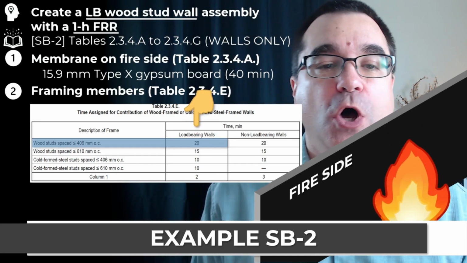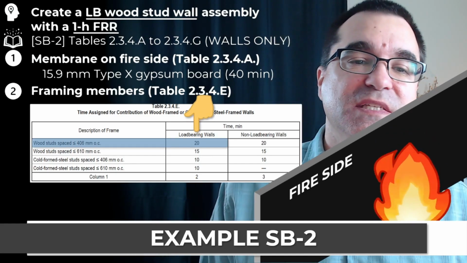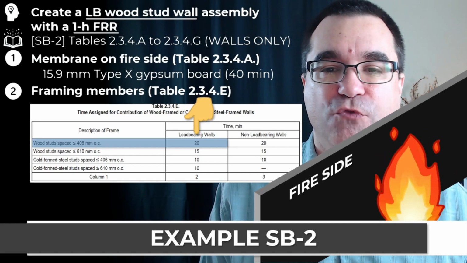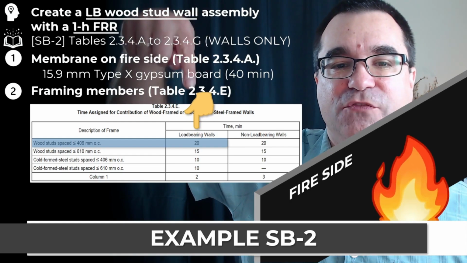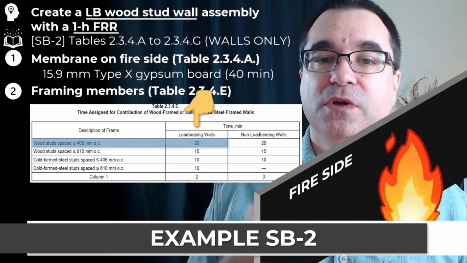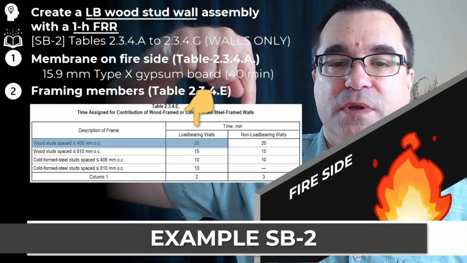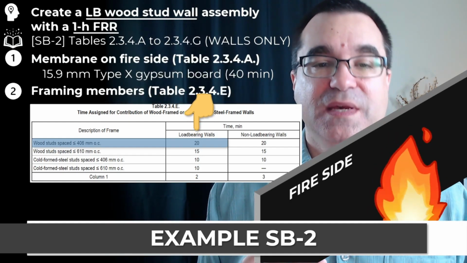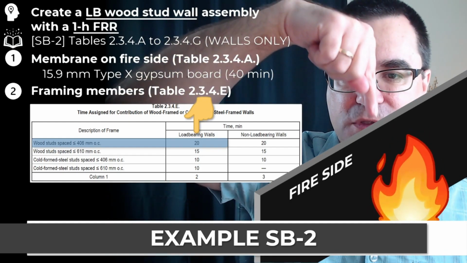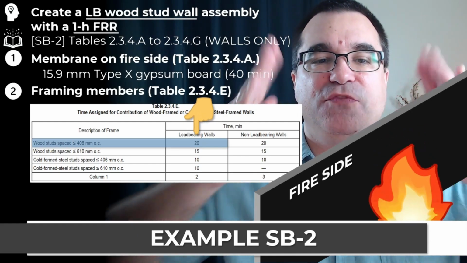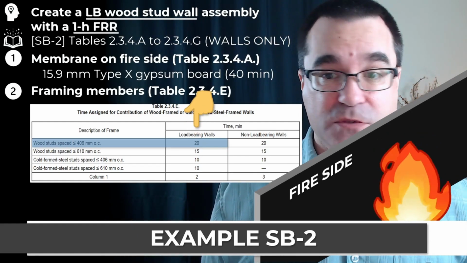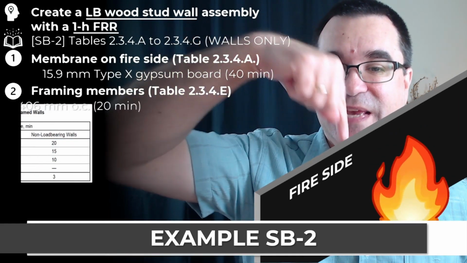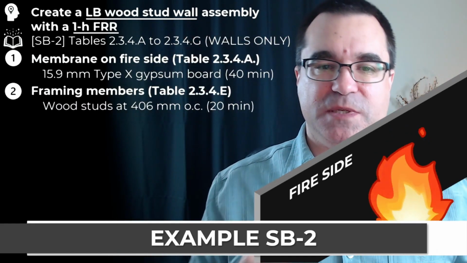I select the topmost one, wood studs spaced at not more than 406 millimeters on center. And the result that I get from that column is a number 20, which is a number in minutes. So 20 minutes. That's the contribution of wood studs spaced at 406 millimeters on center at most, the contribution of the studs inside this sandwich of gypsum board.